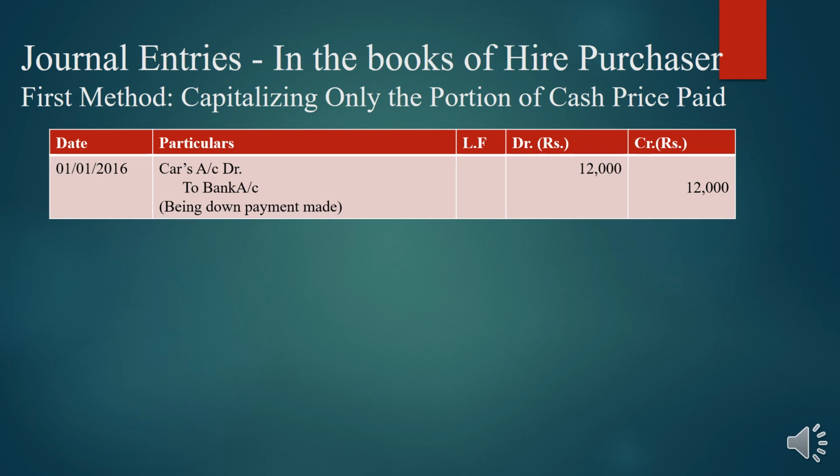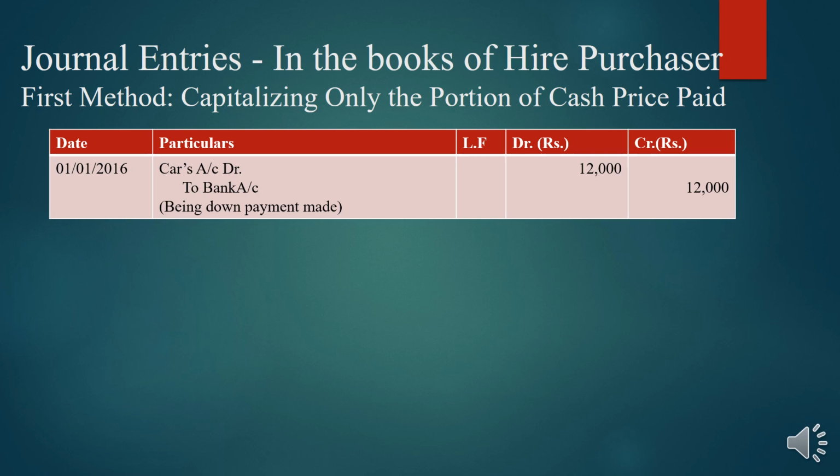When the down payment is paid, the journal entry is car account debit to bank account. The asset we have purchased in this problem is a car. The amount of the down payment is 12,000, which is clearly given in the problem.